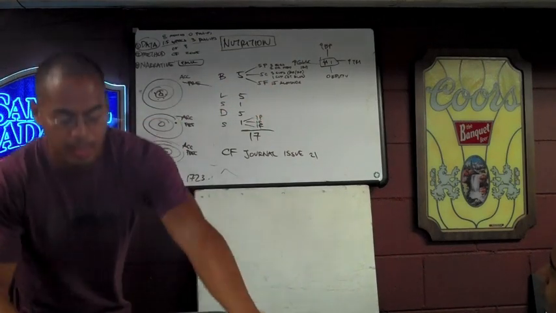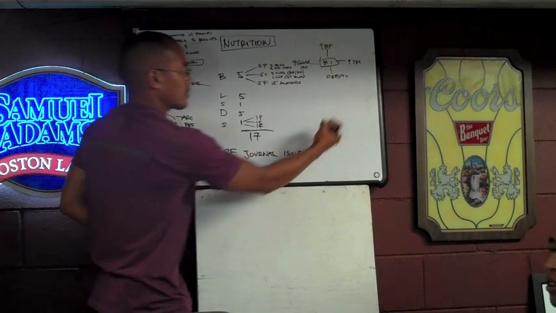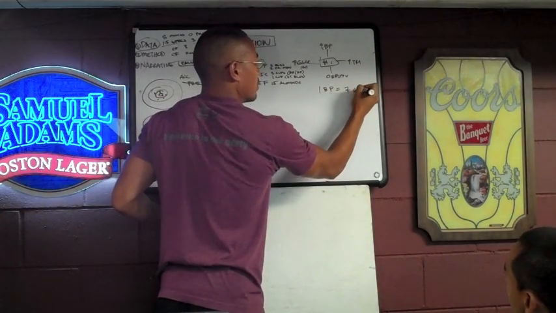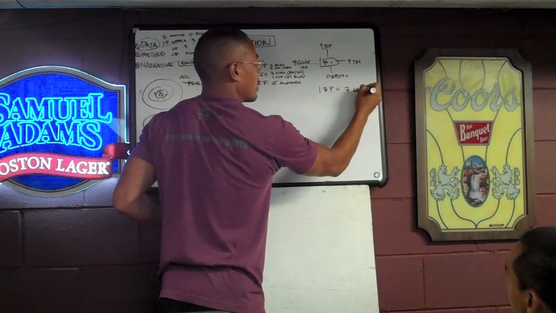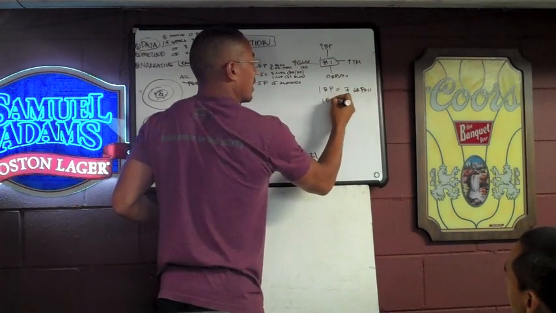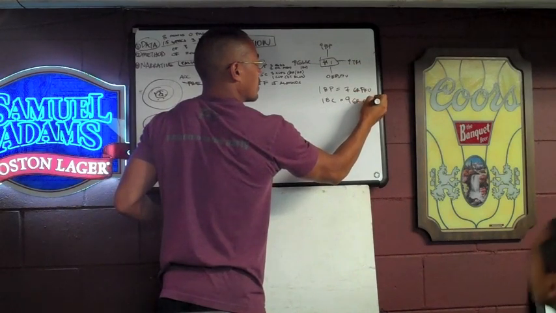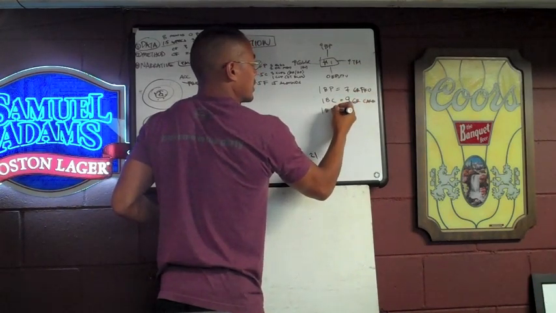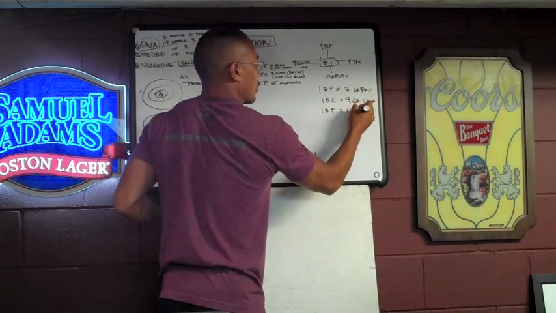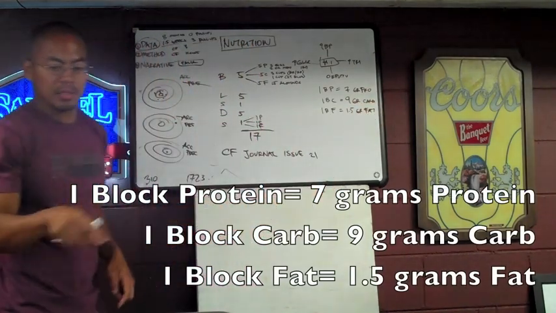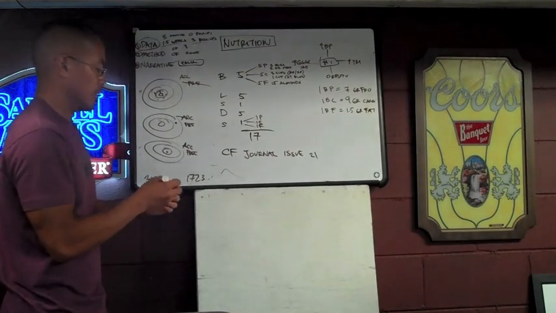So the actual way that's measured is 1 block of protein is 7 grams of protein. 1 block of carbohydrate is 9 grams of carbohydrate. And 1 block of fat is 1.5 grams of fat. Okay, so it was distilled into the block charts, right?